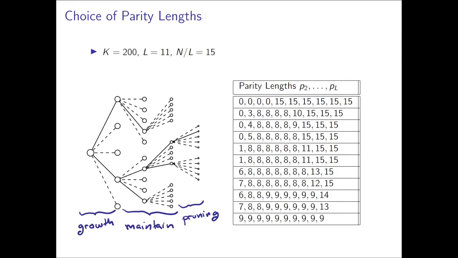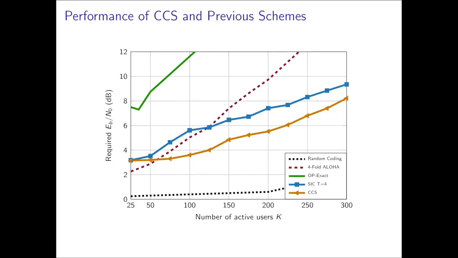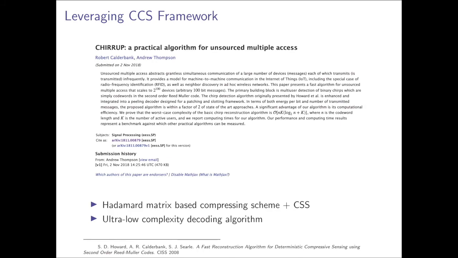This slide shows that the performance of coded compressed sensing did very well compared to other schemes at the moment of its introduction. Since then, other schemes have been proposed for the UMAC, and they will appear later in the tutorial. We also want to point out that the ideas from tree code and coded compressed sensing have been used in other research. For instance, CheerUp is an algorithm tailored to unsourced multiple access with very low complexity.